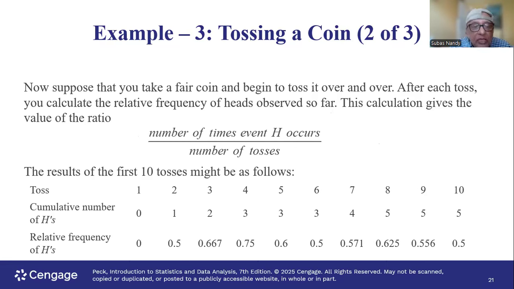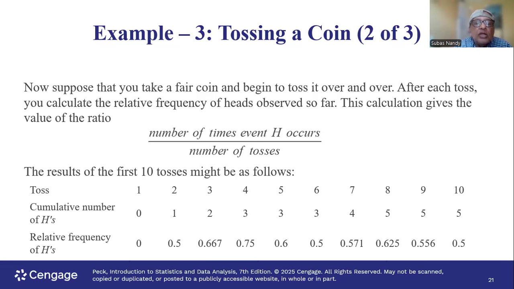On the top row you have the tosses 1, 2, 3, 4, 5 going all the way up to 10. And then the second row of numbers, 0, 1, 2, 3, is the cumulative number of heads. Cumulative means including that particular toss and the ones before it. For example, for toss number 2, you got 1 head.